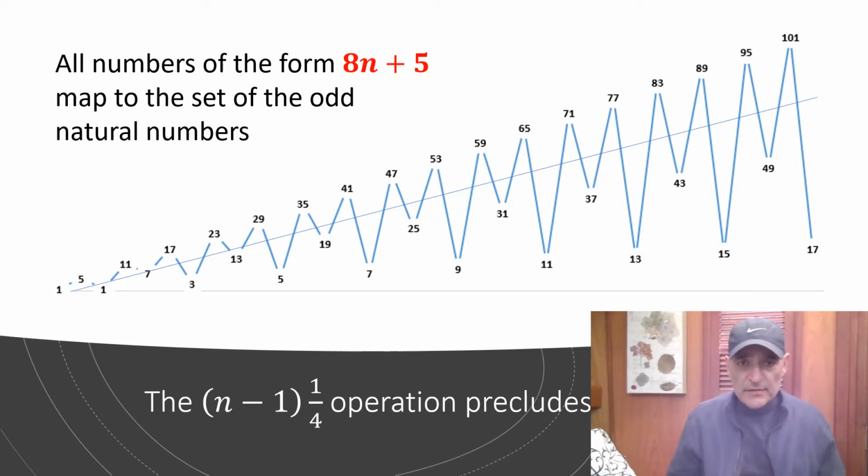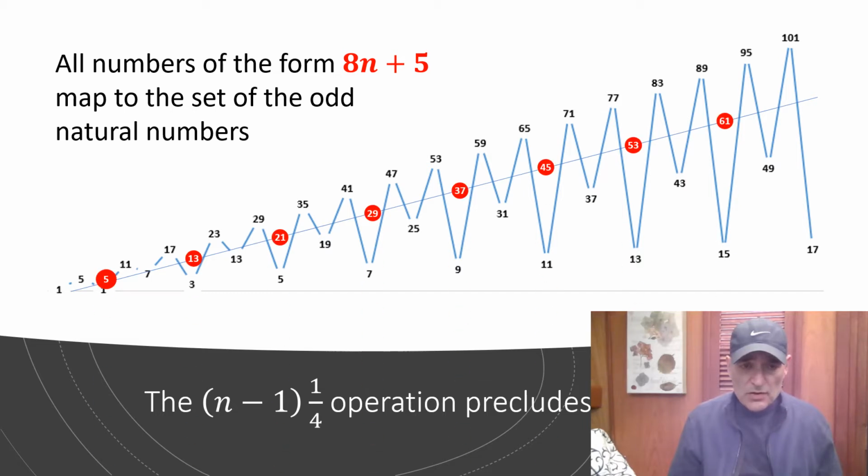So all numbers of the form 8m plus 5 map to the set of the odd natural numbers. Well, how? The way they map is using this operational function, n minus 1 divided by 4. And really this is what precludes infinitude. n minus 1 divided by 4.